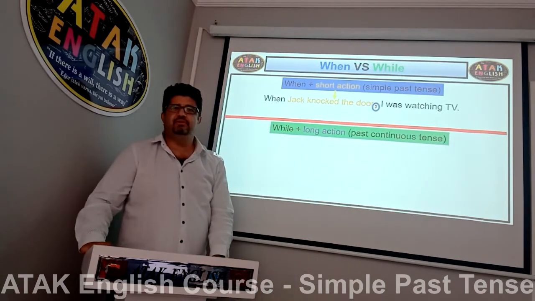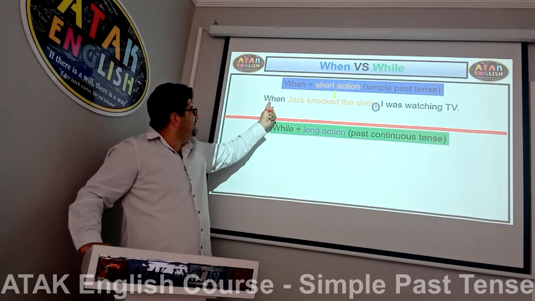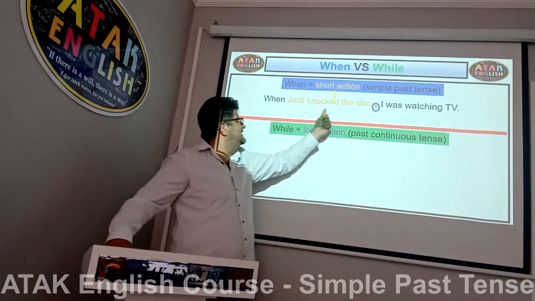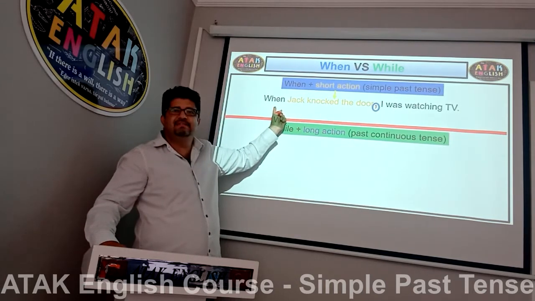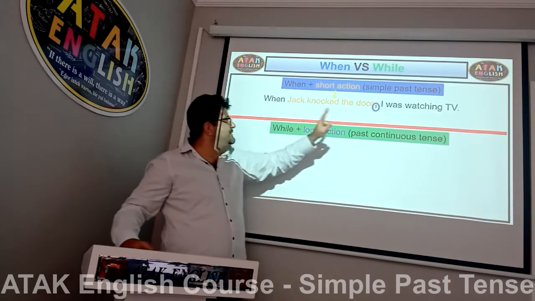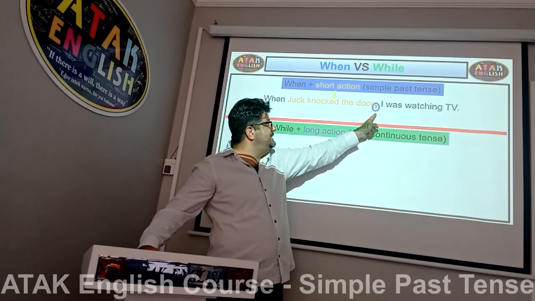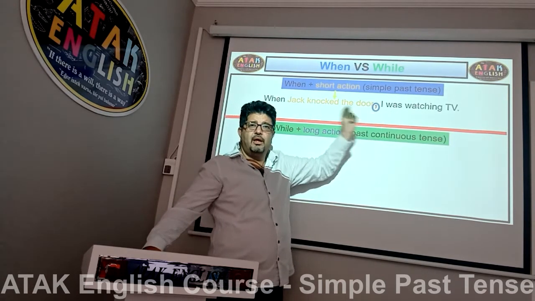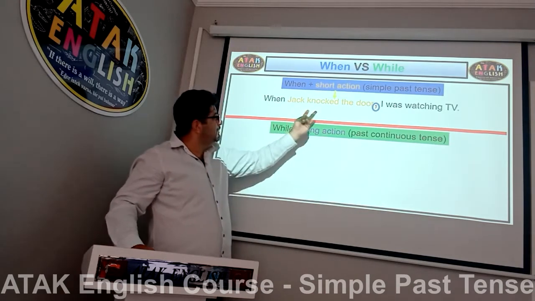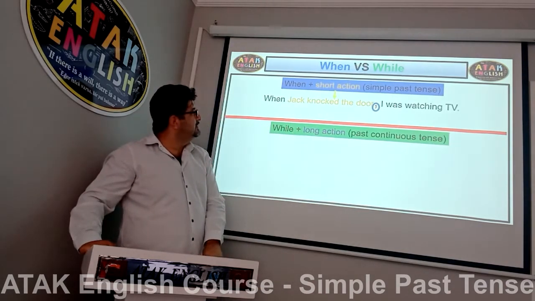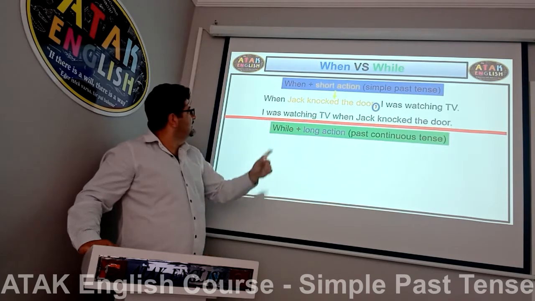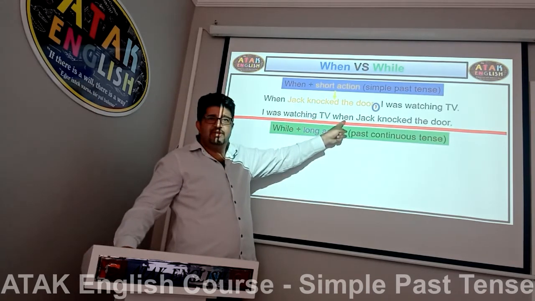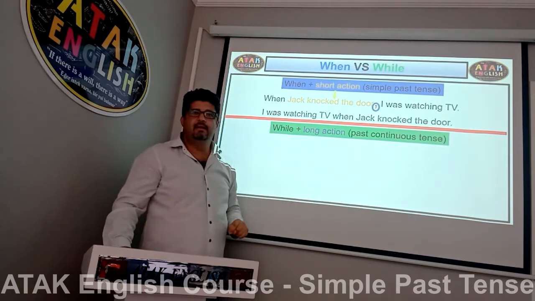I'd like to attract your attention to one thing here. If the when clause is at the beginning of the combined sentence, then we combine the when clause and main clause with a comma, but we can just replace them, and if the when clause is in the middle of the sentence, there's no comma.